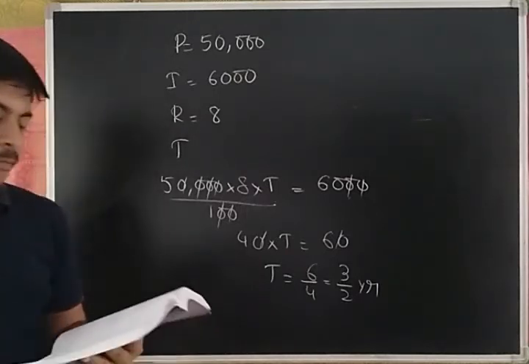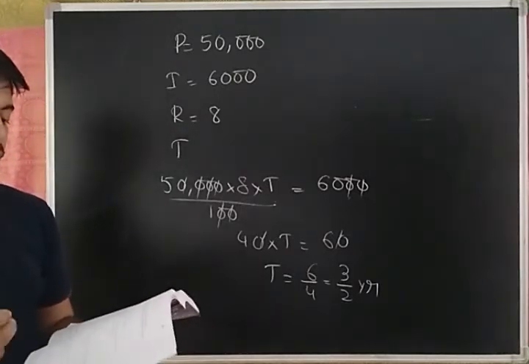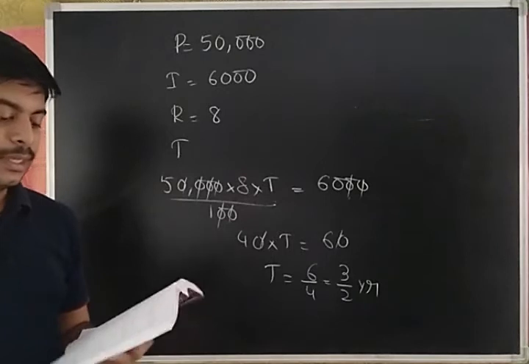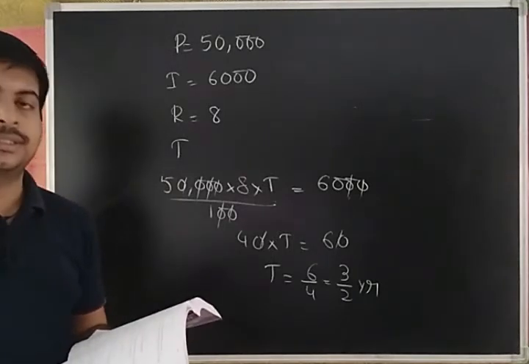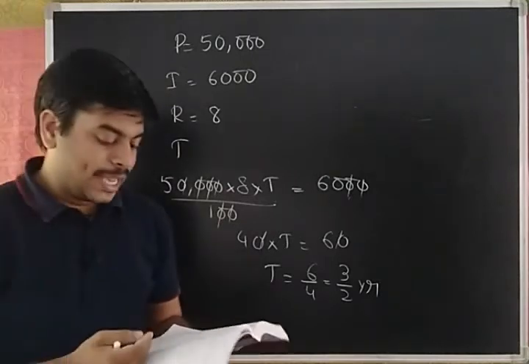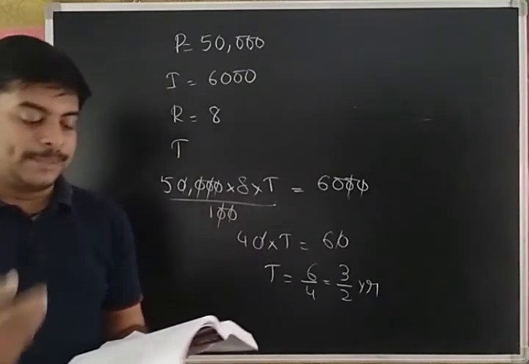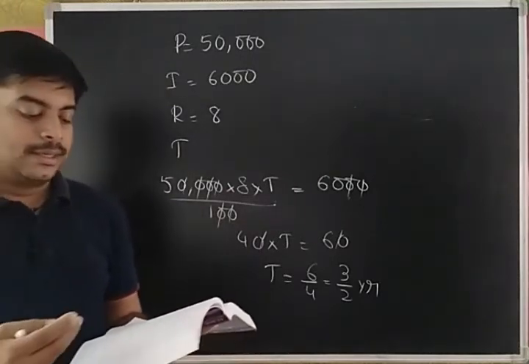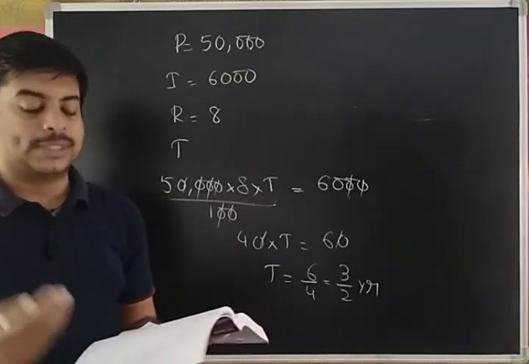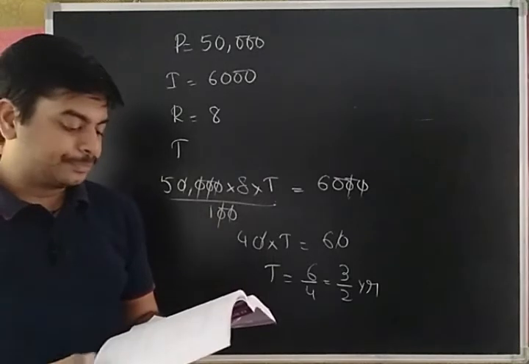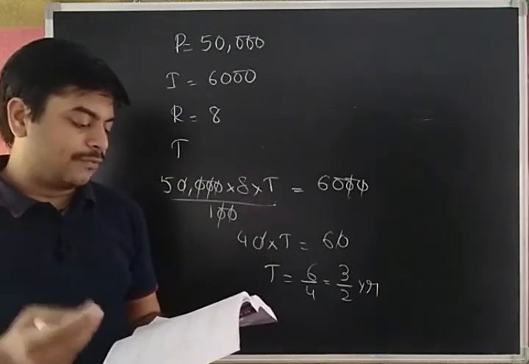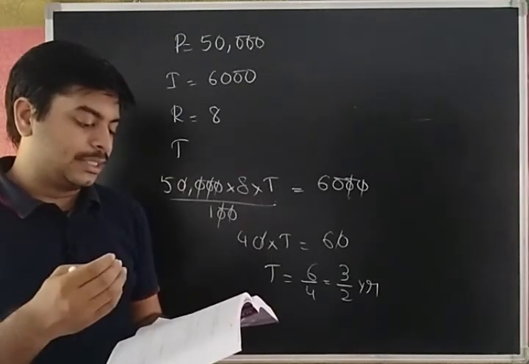A sum of money invested at 20% per annum, simple interest, amounts to 650 in 1.5 years. So even the amount is given.